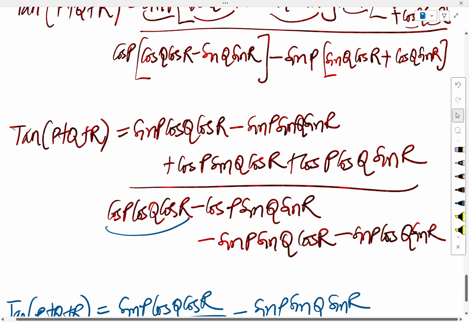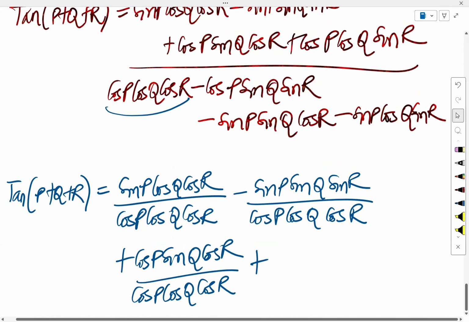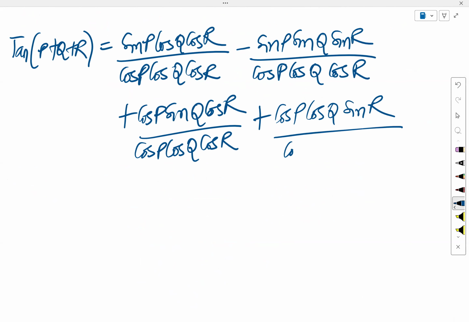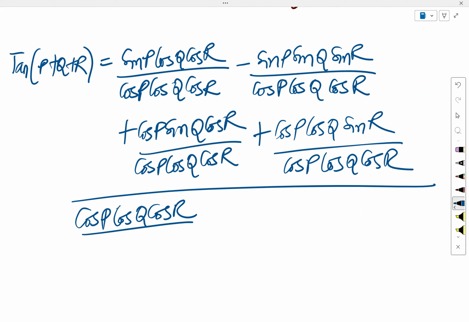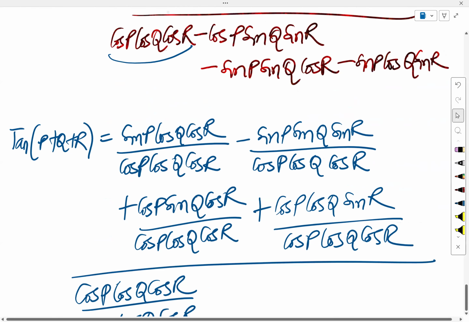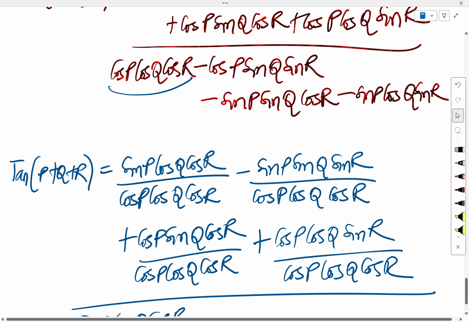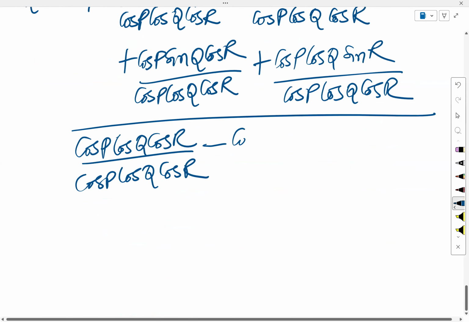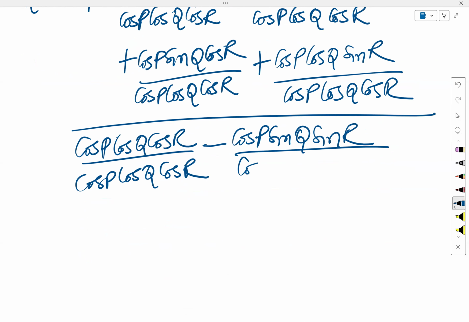So then we have cos P cos Q sine R all over cos P cos Q cos R, all of this again divided by the first one, cos P cos Q cos R all over cos P cos Q cos R. And then we have this next one, minus cos P sine Q sine R, and all of that divided by cos P cos Q cos R.